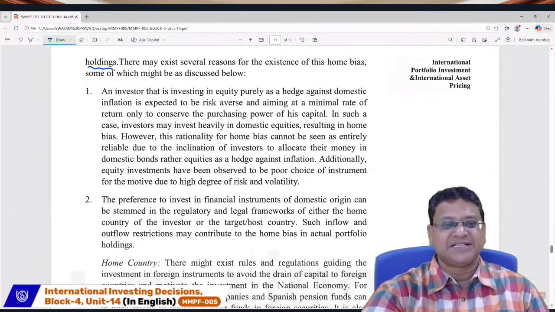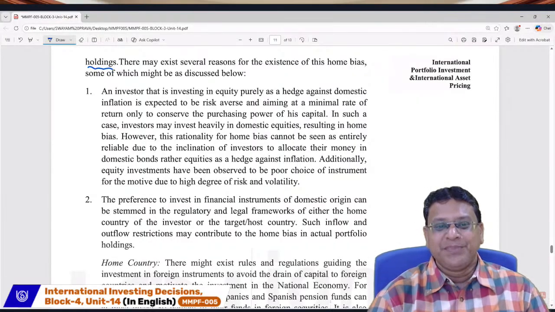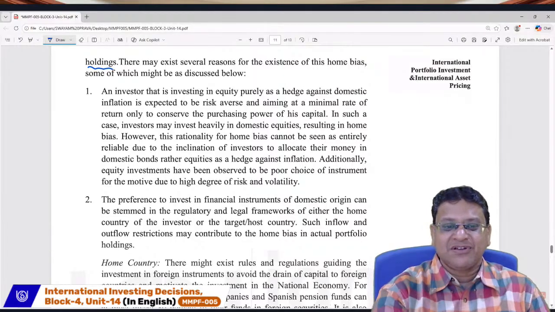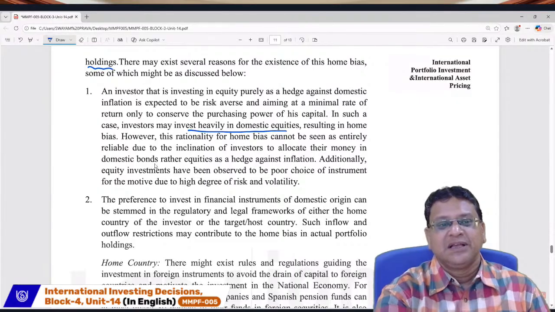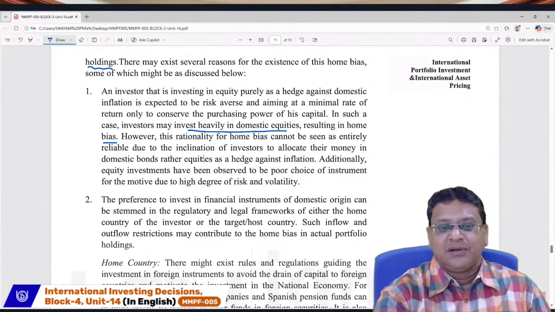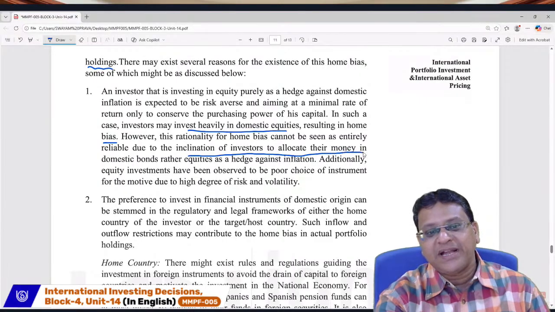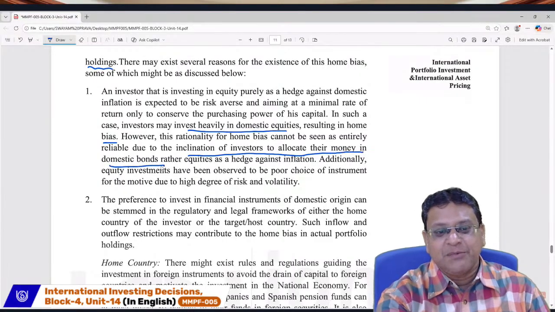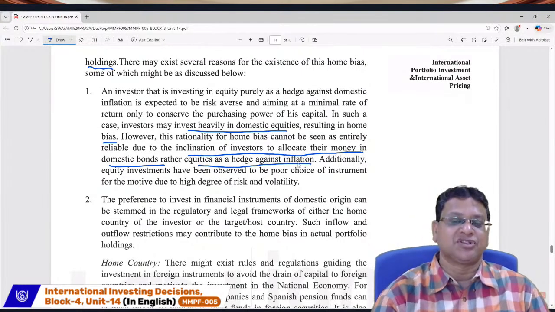So, what are the reasons why home bias arises? There are different reasons why home bias arises. Investors invest heavily in domestic equities because of the inclination of investors to allocate their money in domestic assets as a hedge against inflation.